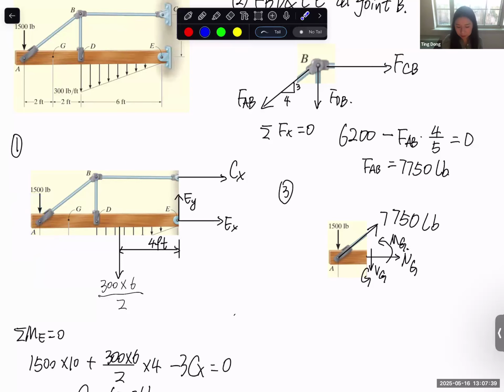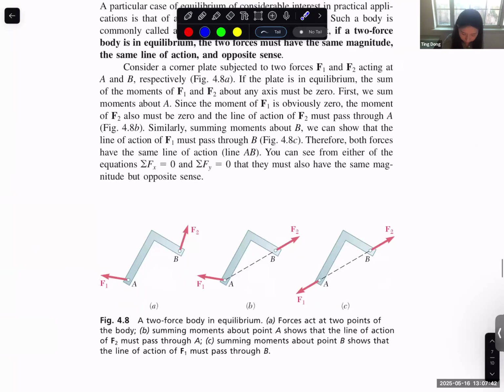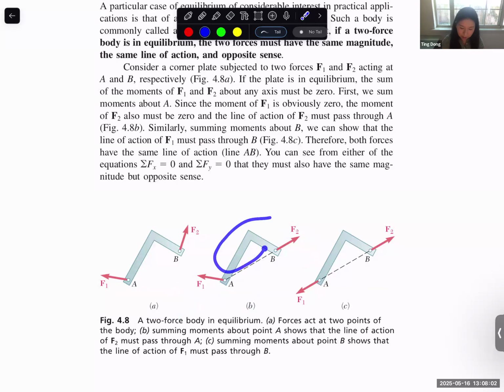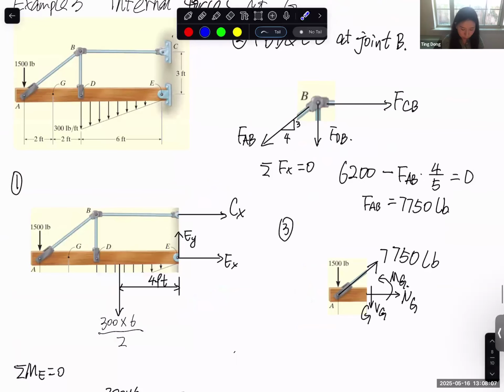So in the end, you may have different forces applied at A, but the combined force of all the external applied forces at A should be in this direction, and the same thing at B. So 2 force really means that the force is only applied at 2 ends, and there's nothing applied in between. That's 2 free ends. This one is not a 2 force member because there's a force applied at point D.